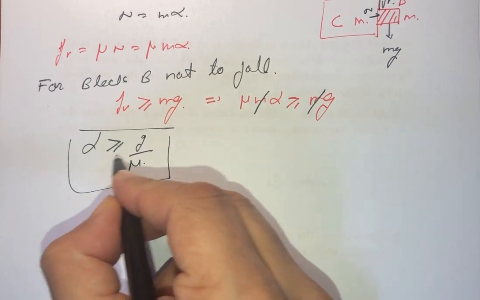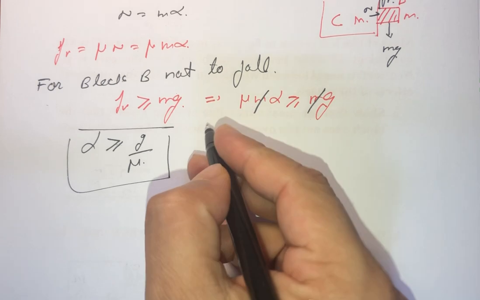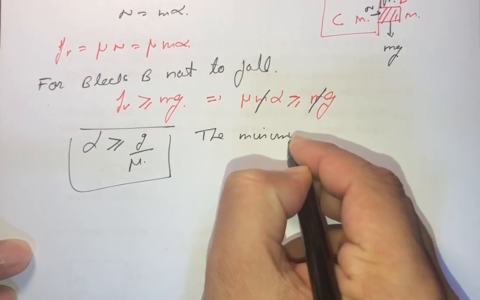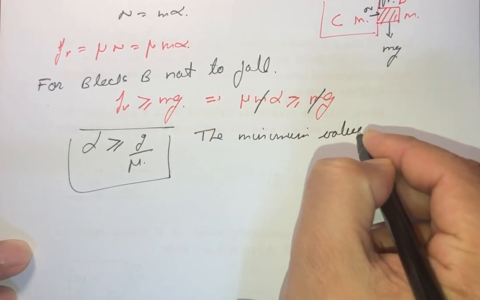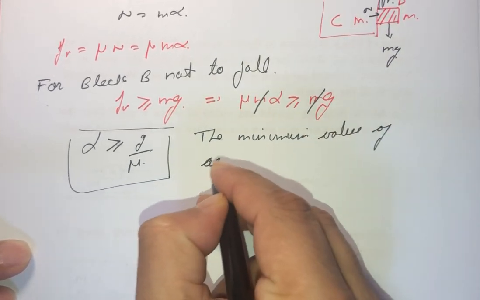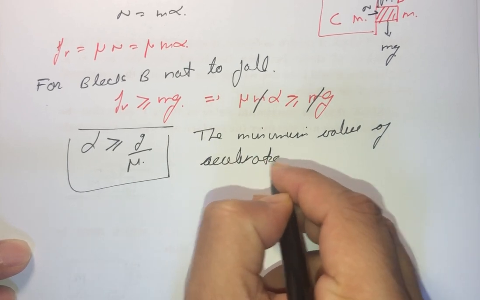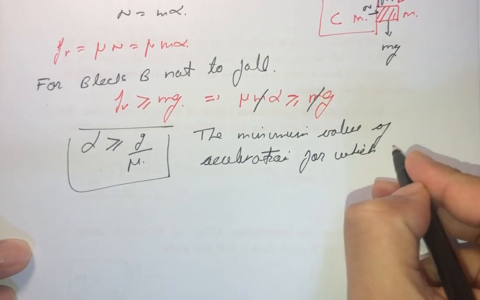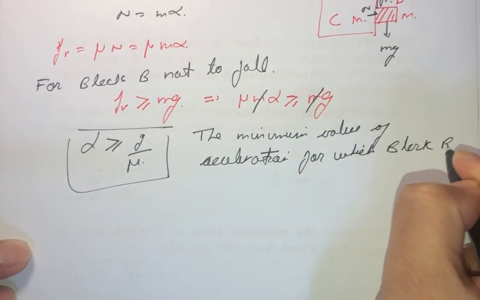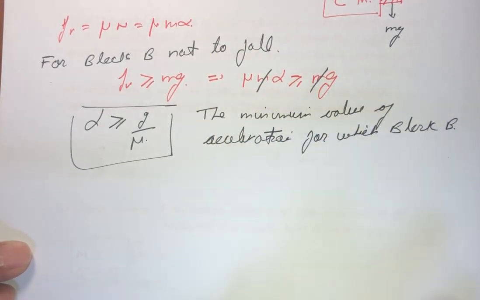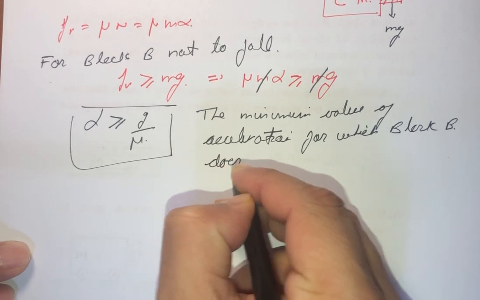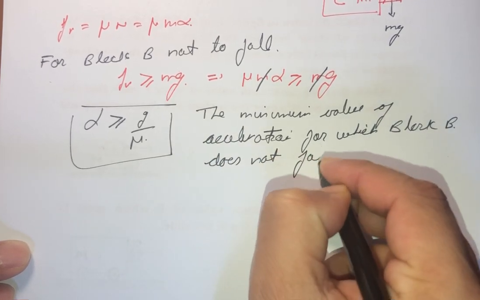So this is the minimum value of acceleration for which block B does not fall.